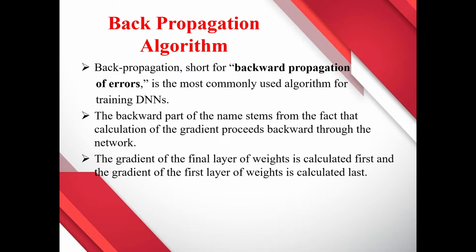And regarding backpropagation: here I have simply an input and an output. When we are either training or testing, we give the input to the system, and after processing, we get the output.